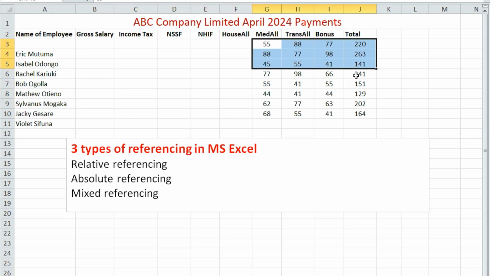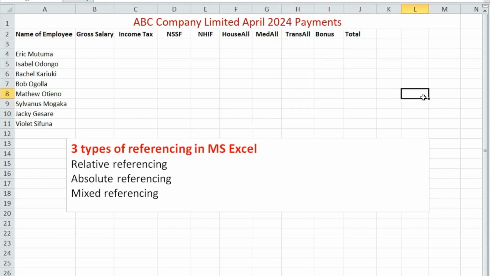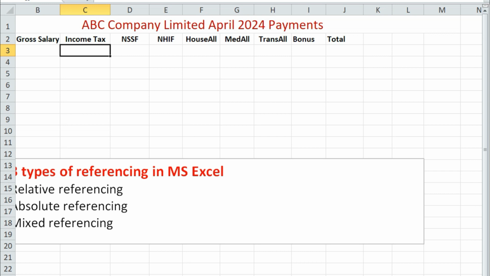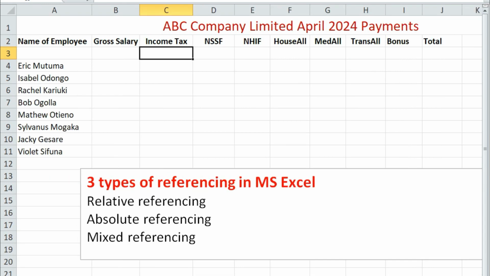So we are going to have income tax as a constant. Let's say the government is deducting a tax percent of 16%. 16% is 0.16, right?